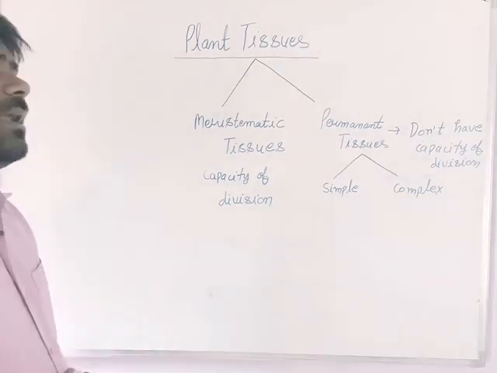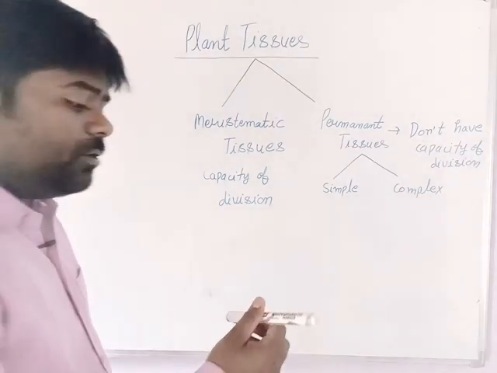In your book only 2 types are given, so let's take them based on location.